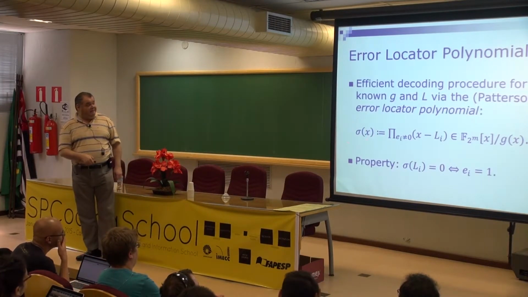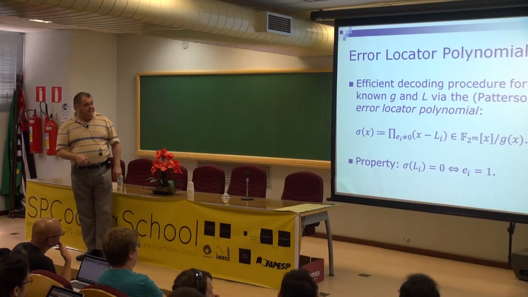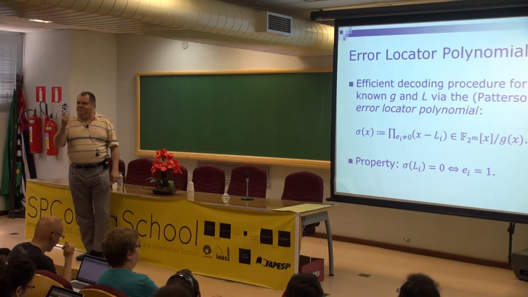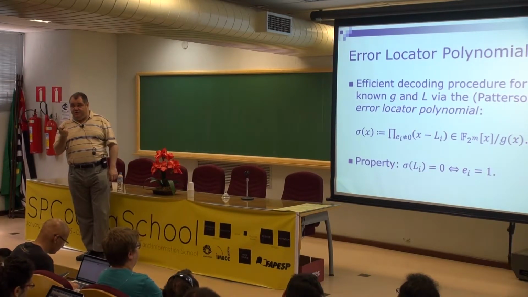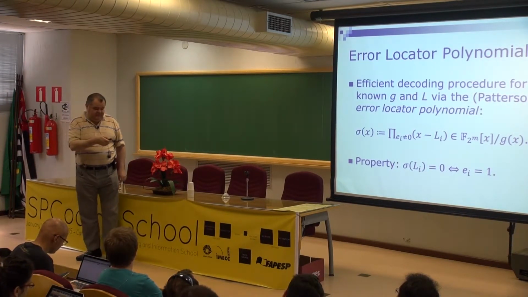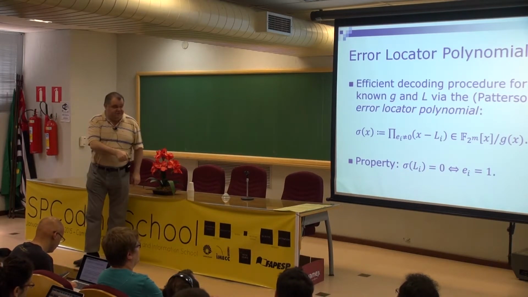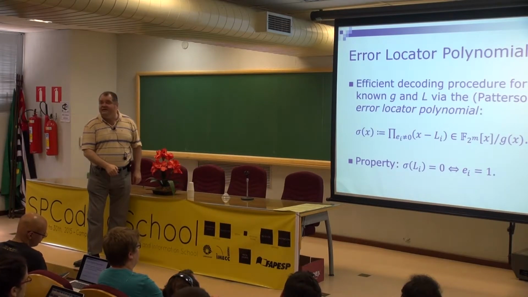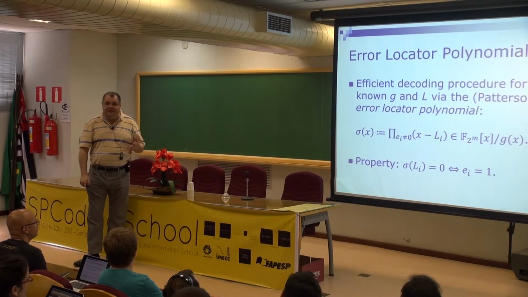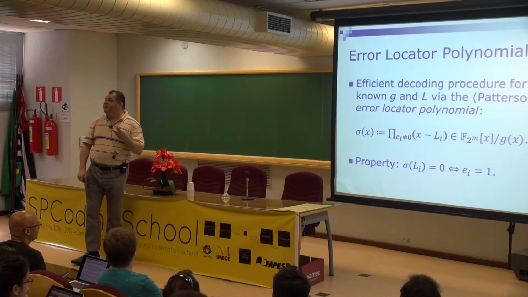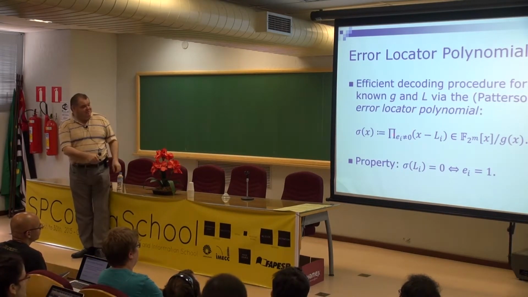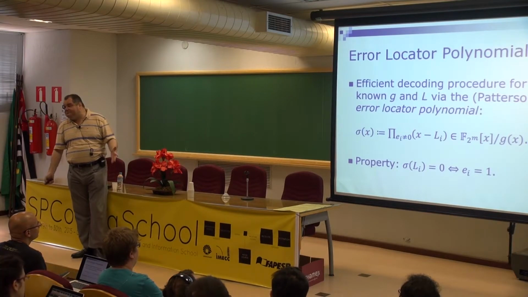So if we have this polynomial sigma, and we are interested in knowing if the ith position has an error or not, we feed the polynomial the support element for position i. If it is 0, we know there is an error at that position. And how do we correct it? Just flip that bit.